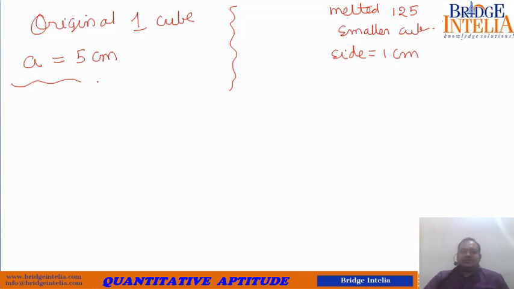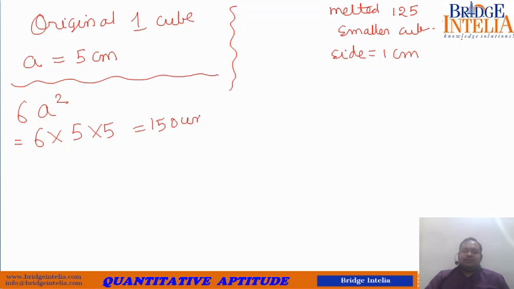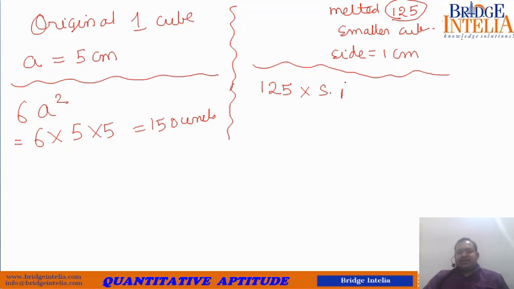So let's do that. Surface area is 6a square. Here only one cube is there. So 6 into 5 into 5, which is 150 units. In the changed scenario, there are 125 smaller cubes. So 125 into the surface area of a smaller cube, 125 into 6 into a square.